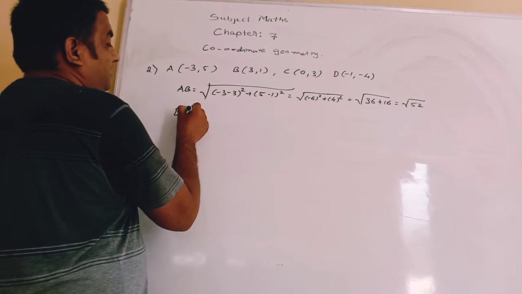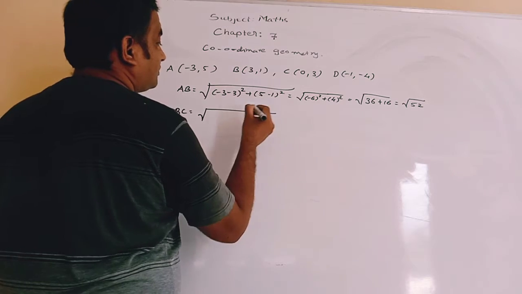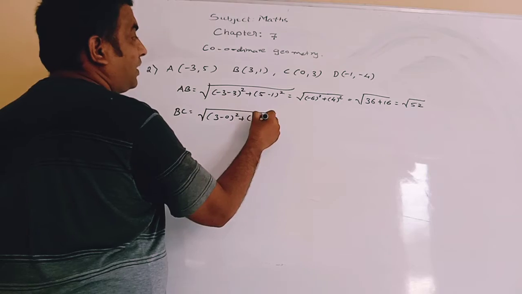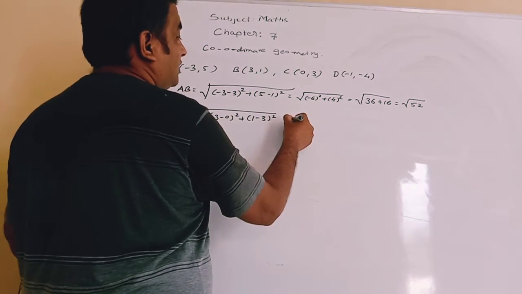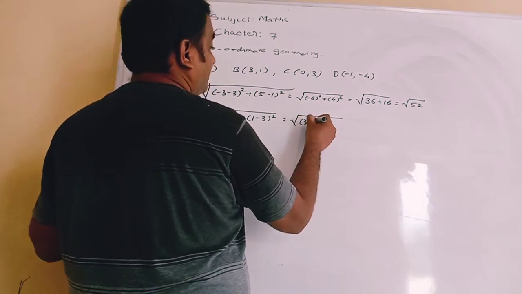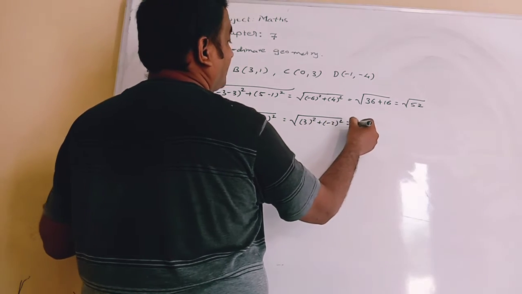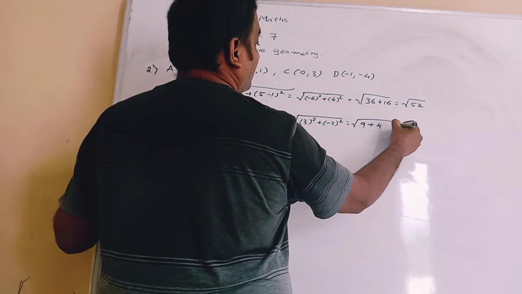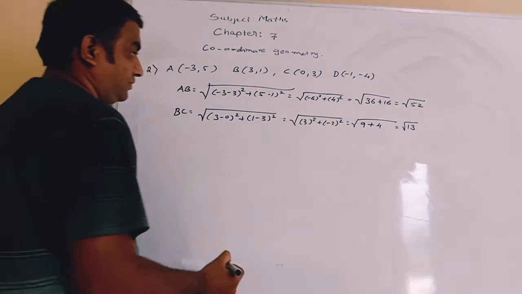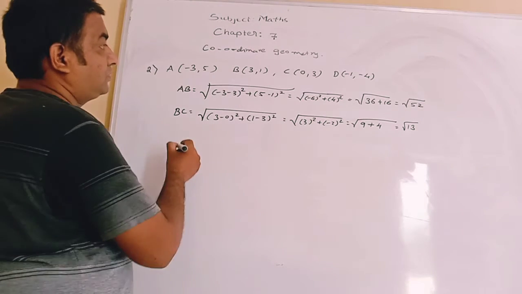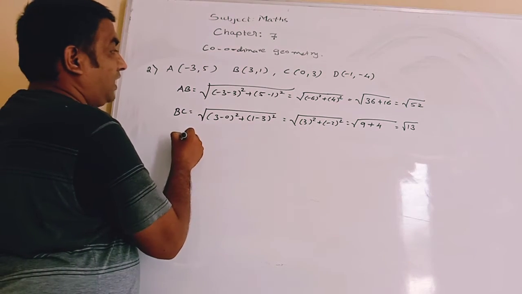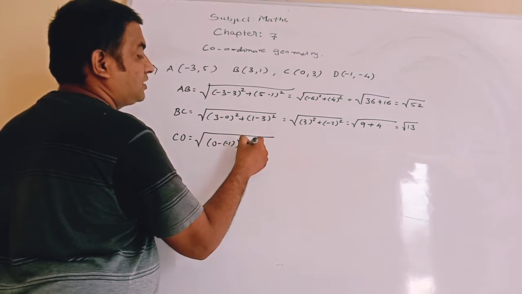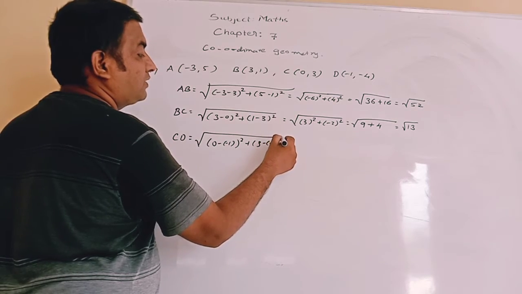BC we calculate. So it is (3 - 0) square plus (1 - 3) square. So 3 square plus -2 square, it is 9 plus 4, root 13. CD we calculate, then (0 - (-1)) square plus (3 - (-4)) square.